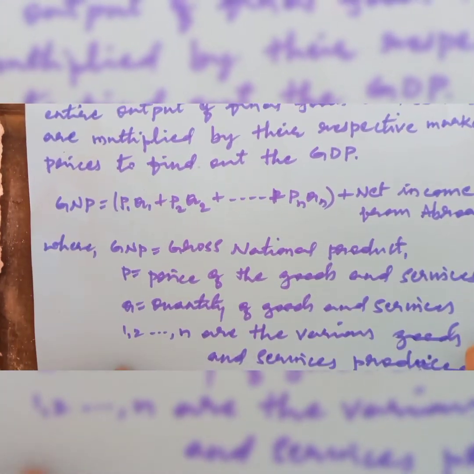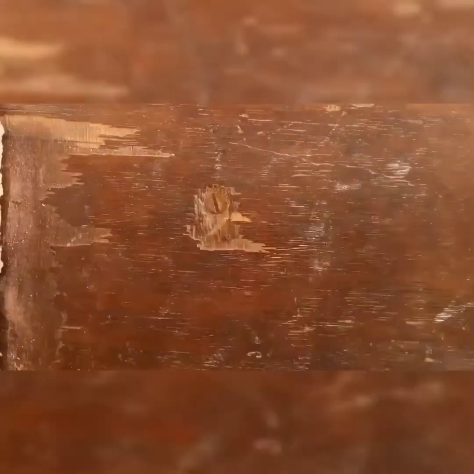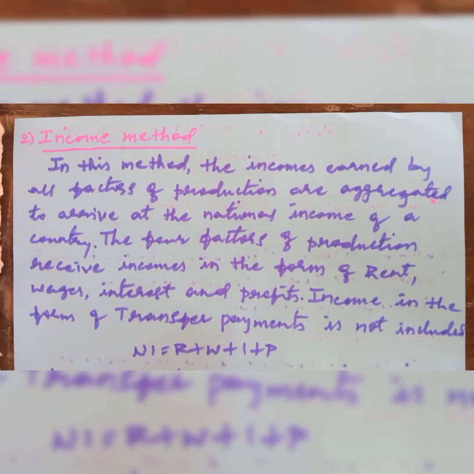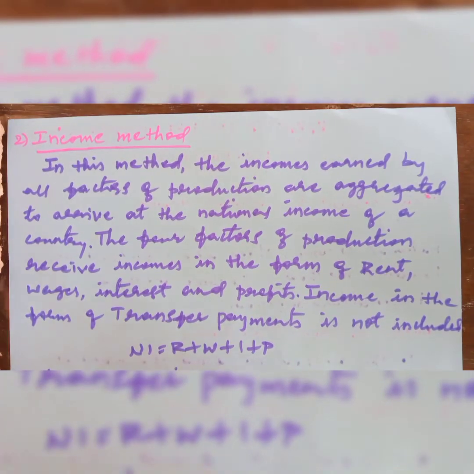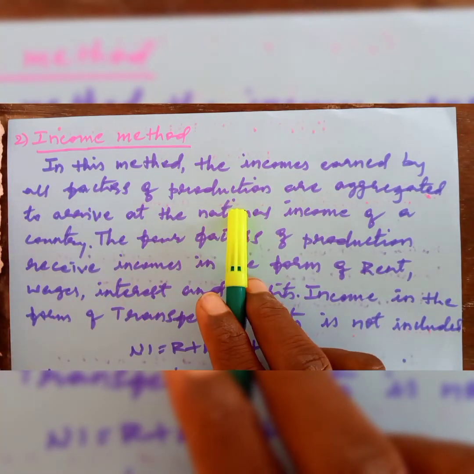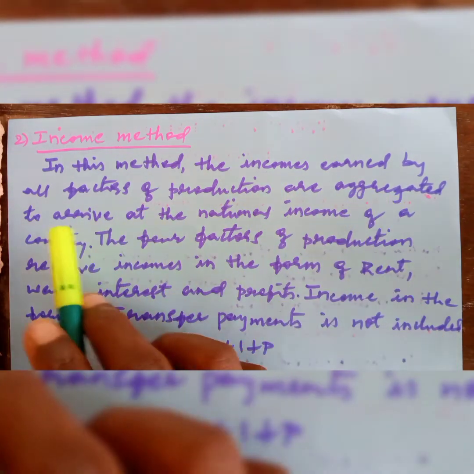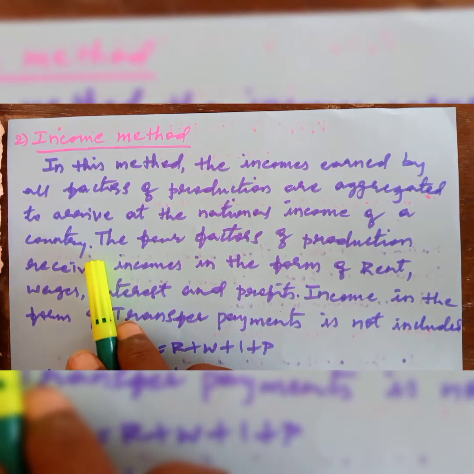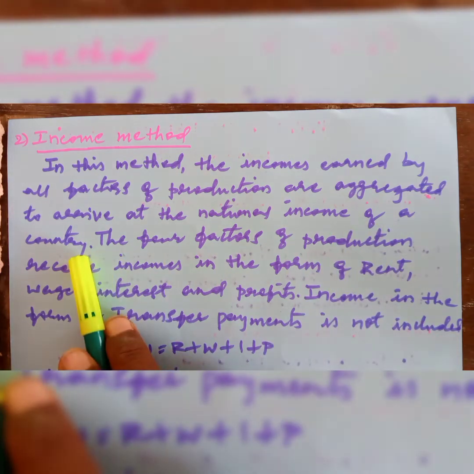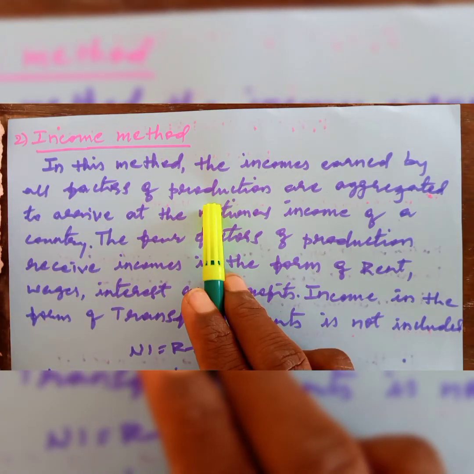And now let us go to the second method. The second method is the income method. In this method, the incomes earned by all factors of production are aggregated to arrive at the national income of a country. Means in a country, we have a number of factors of production.